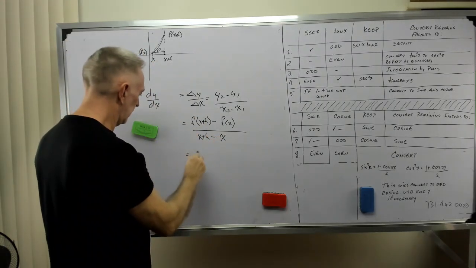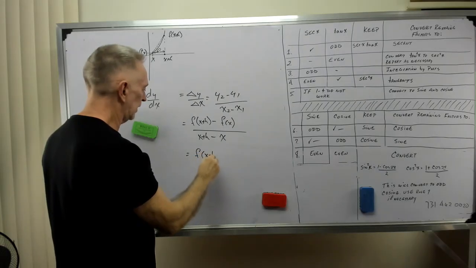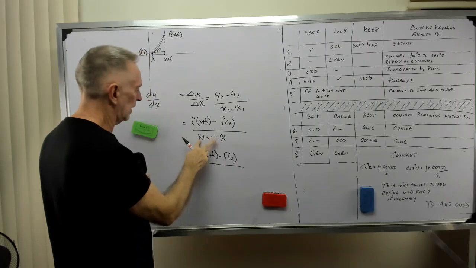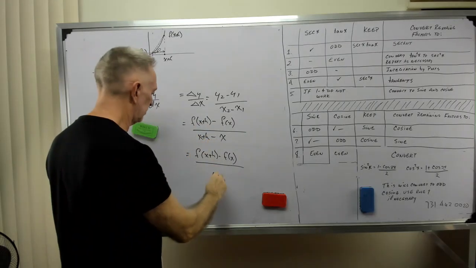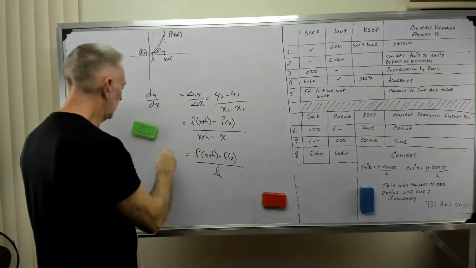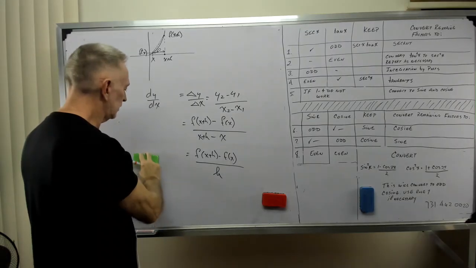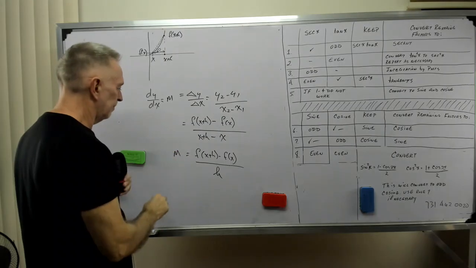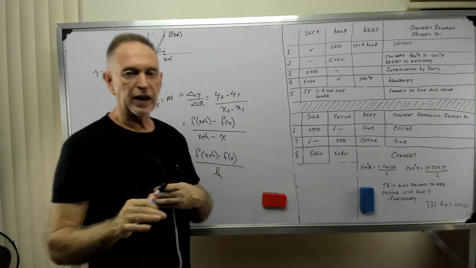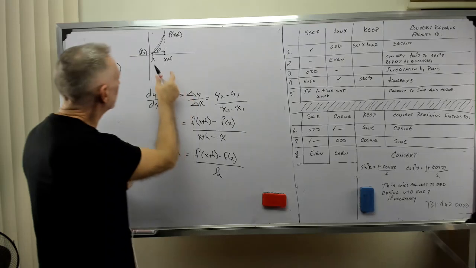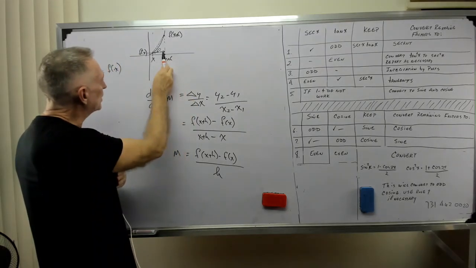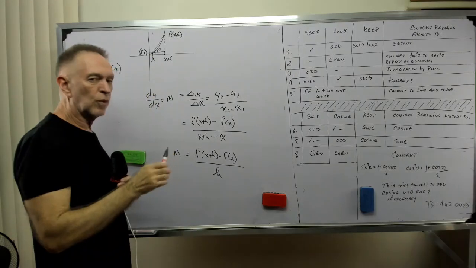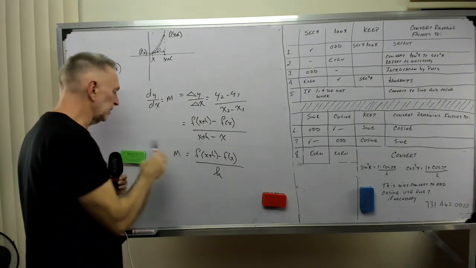So f of x plus h minus f of x, divided by x minus x, which is 0, just leaves me with h. So that's actually still m. I should have left that up here. That's still m. But in terms of calculus, recall what I said earlier, h becomes smaller and smaller and smaller. That's what a derivative is at that point.